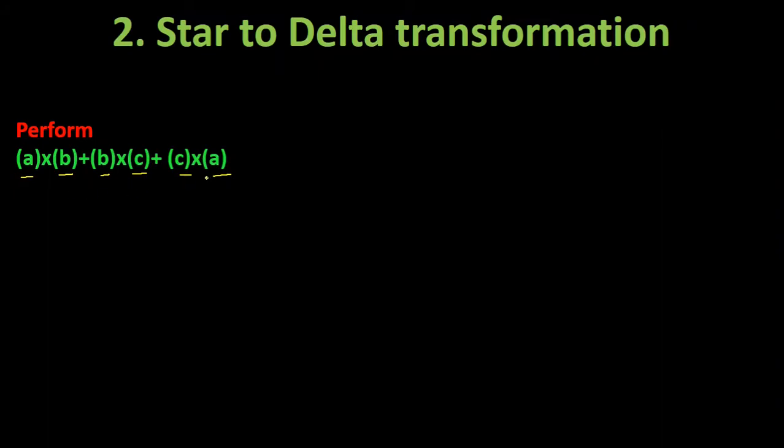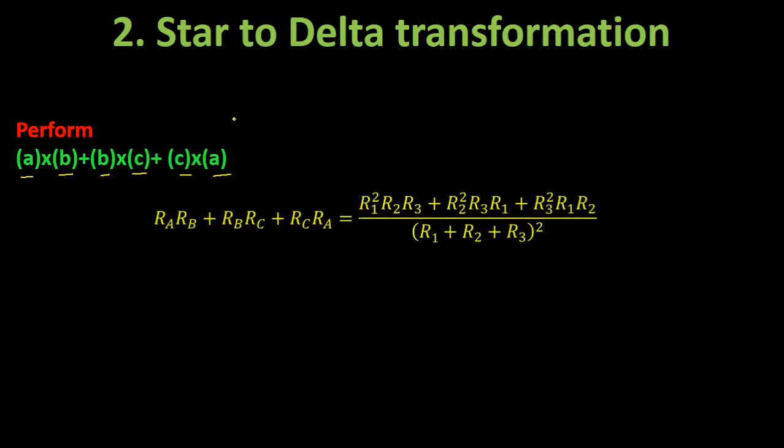Then all the products will be added. So after this operation is performed, we get this type of equation: RA RB plus RB RC plus RC RA is equal to R1 square R2 R3 plus R2 square R3 R1 plus R3 square R1 R2 whole divided by R1 plus R2 plus R3 whole square.